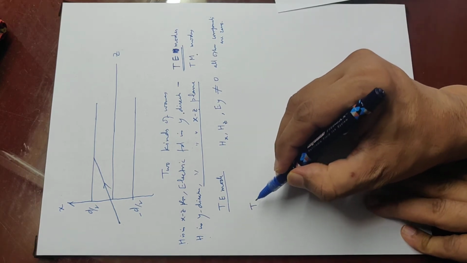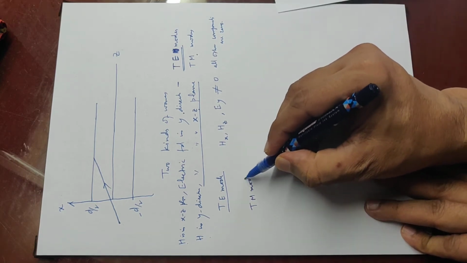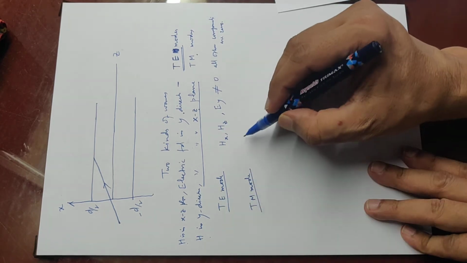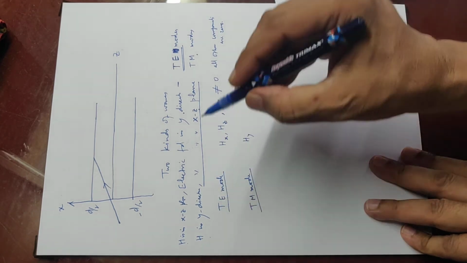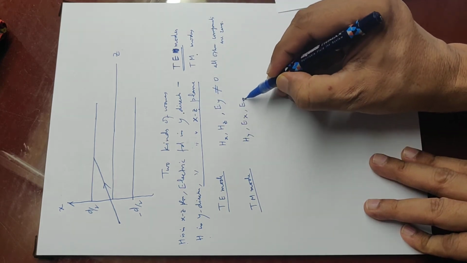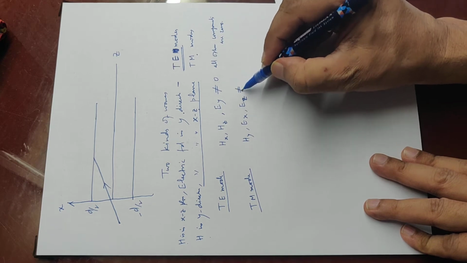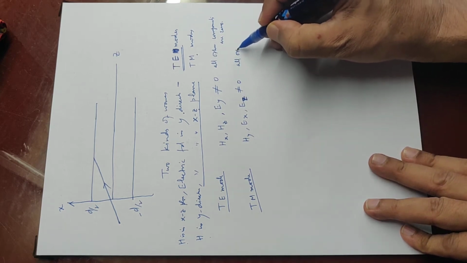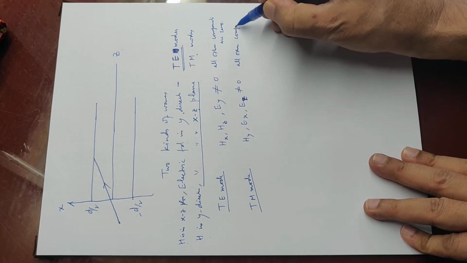And similarly in transverse magnetic mode, Hy would exist, Ex and Ez would also exist. So they are not zeros, but all other components are zero.